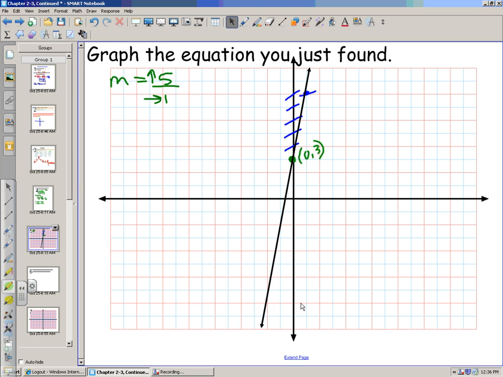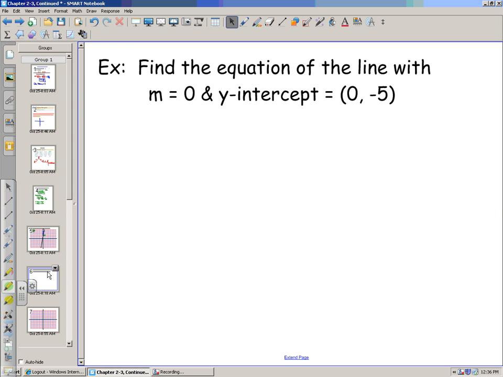Let's do this all again. What's my equation? y equals mx plus b. What is my m? My m is 0. And what is my b? -5.